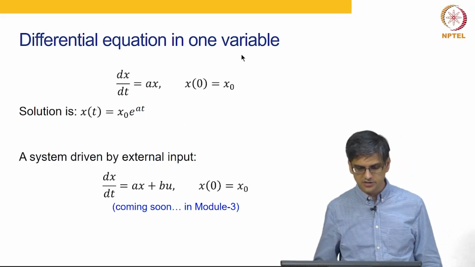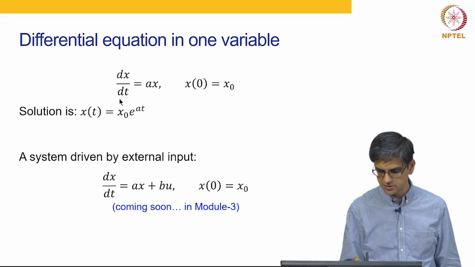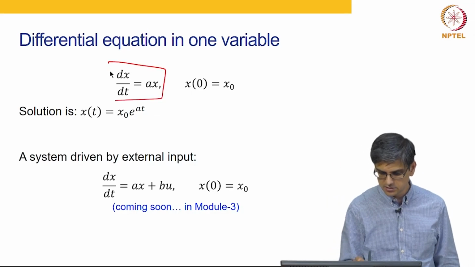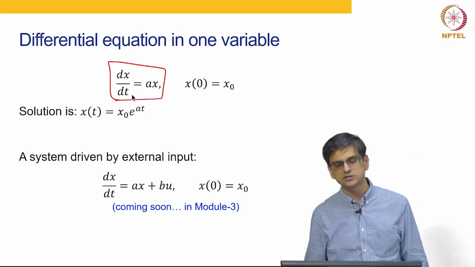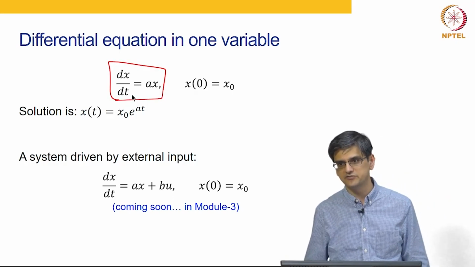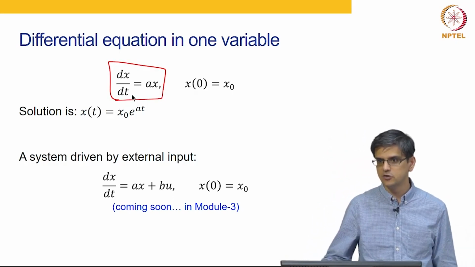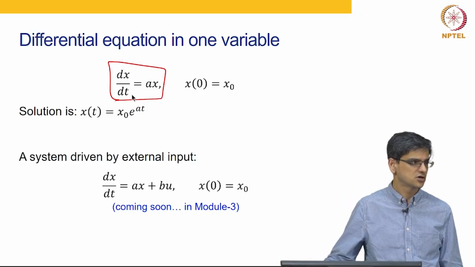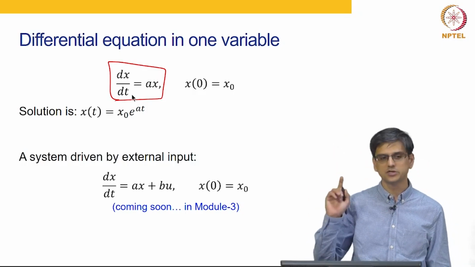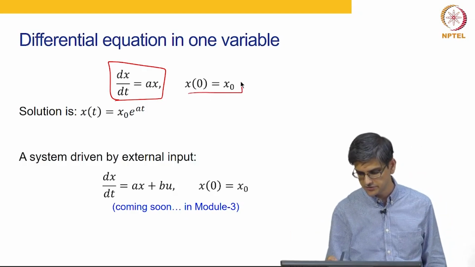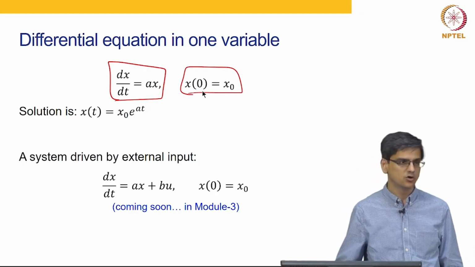So, let us talk about the differential equation in a single variable. If x is a scalar, this is an example of a homogeneous linear differential equation in a single variable. Because it is a first order differential equation in a single variable, you require one initial condition, and this is the way you give initial conditions. You know how to solve this.